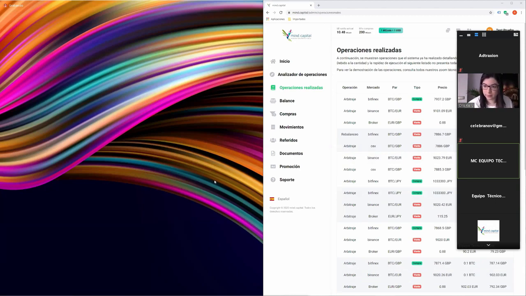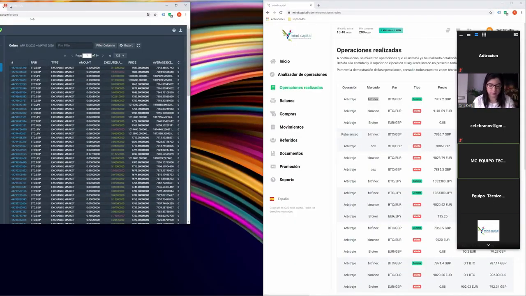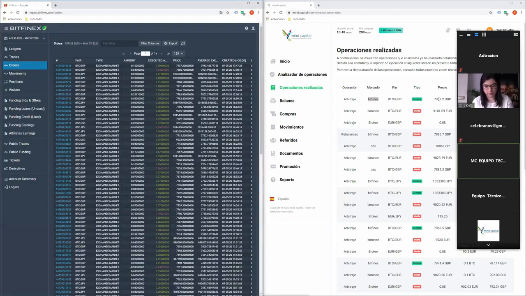And now I'm going to open, for example, Bitfinex. Okay, this is Bitfinex. This is the last one, 7,937 is this. 0.1 here, and the total amount of operation is 10%.